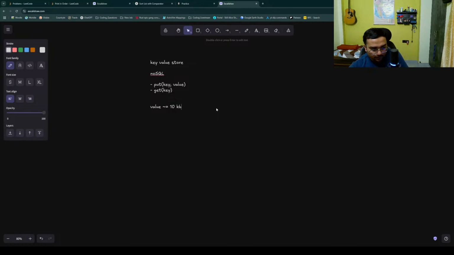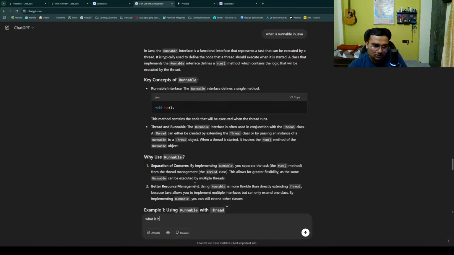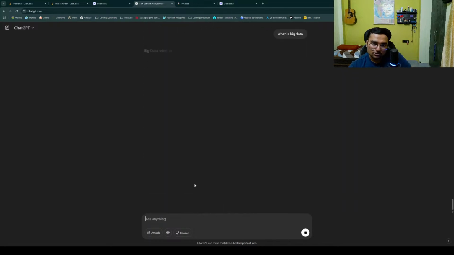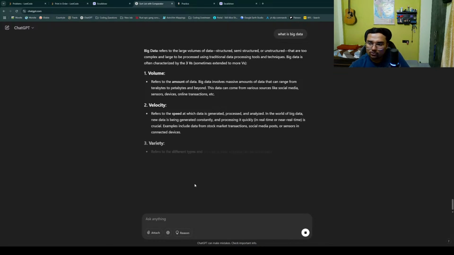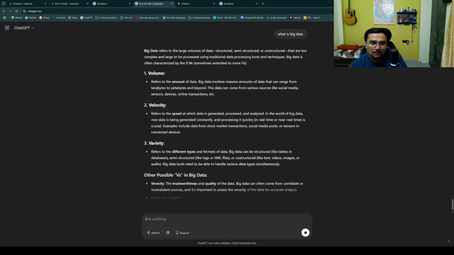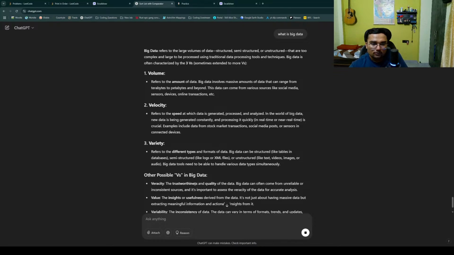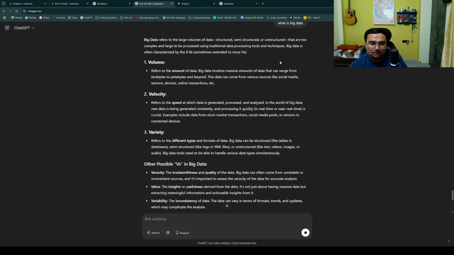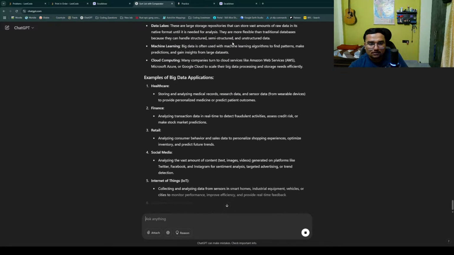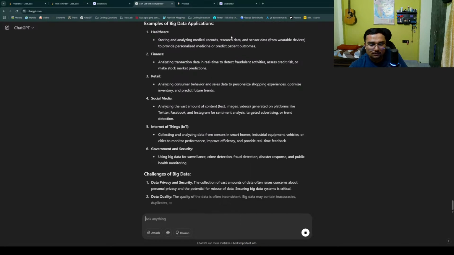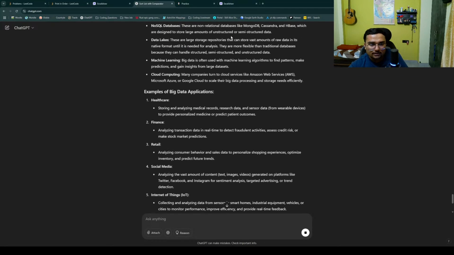Ability to store big data. What is big data? It's just large amounts of data, structured, semi-structured, or unstructured. So all the logs and stuff is big data. Volume, velocity, variety. What are the examples?